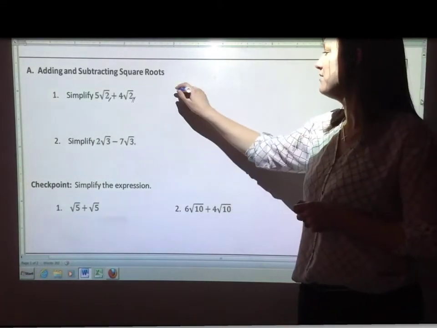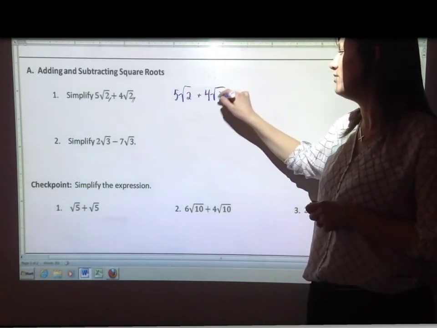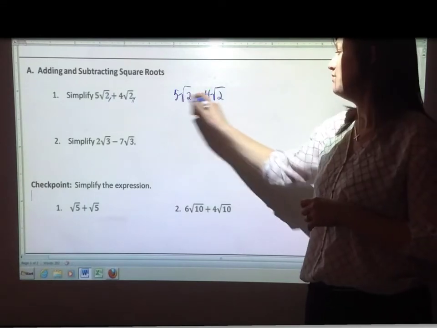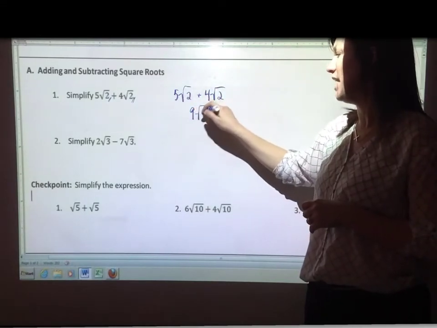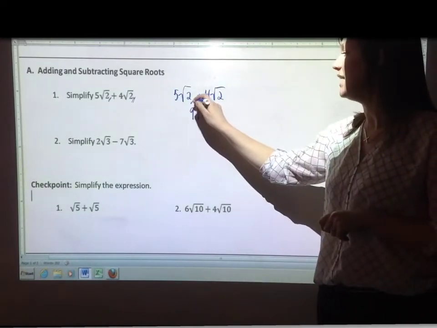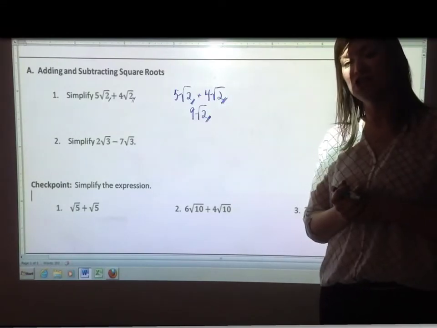So we have 5 radical 2's, and we're adding it to 4 more radical 2's, giving us how many radical 2's? So 5 and 4 make 9 radical 2's. One important thing to focus on, when we combine the like terms, the radical part does not change.